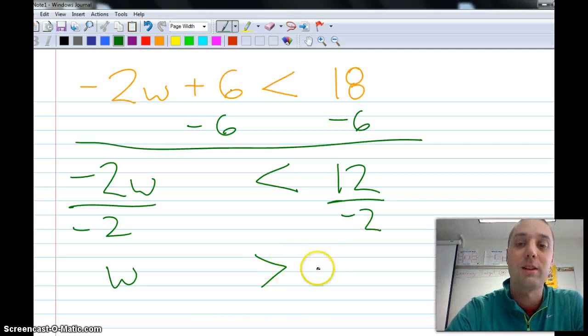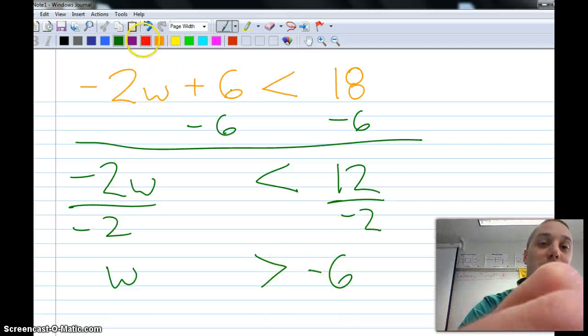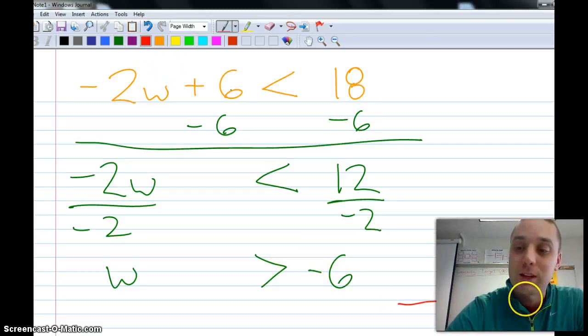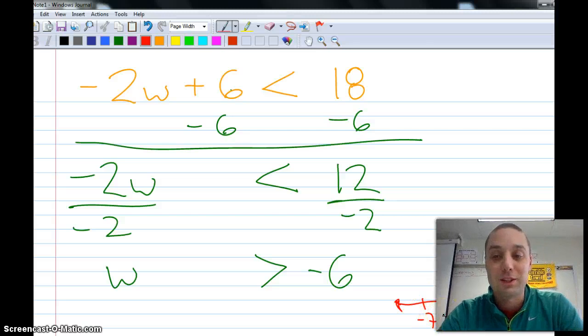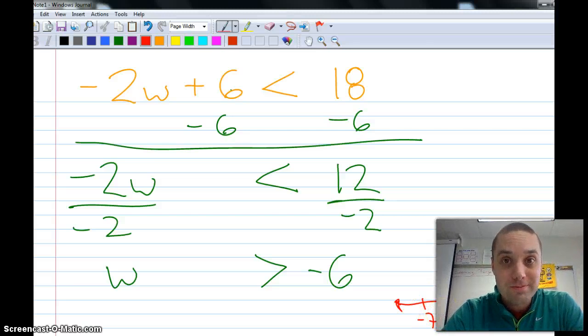W is greater than negative 6. Your graph should have negative 6 in the middle with an open circle and shading to the right. Should be by negative 5 and negative 7 this way, so you can see the continuation. And there it is.